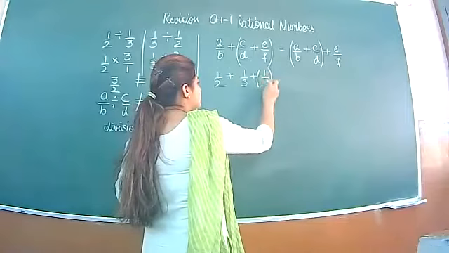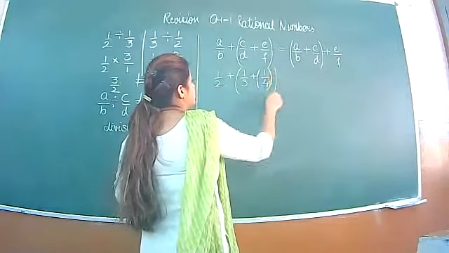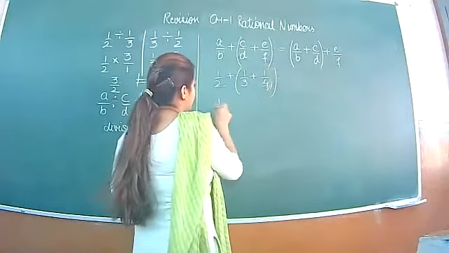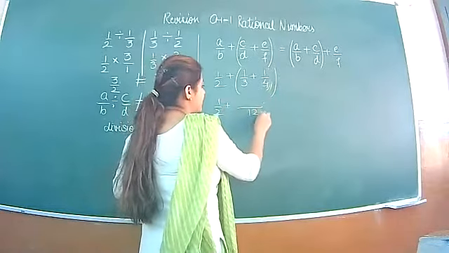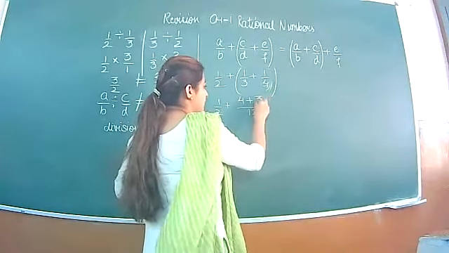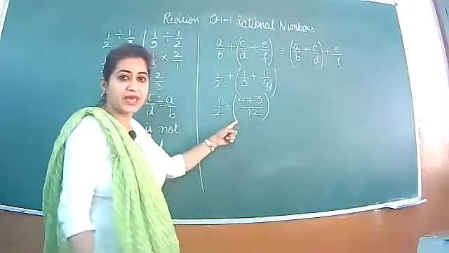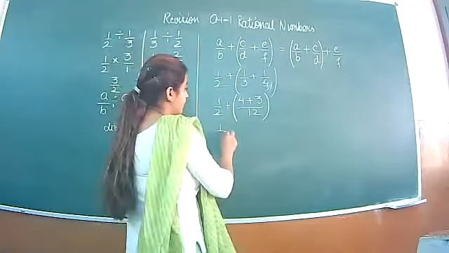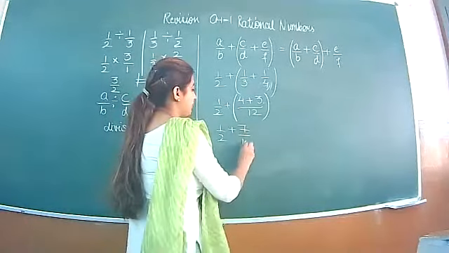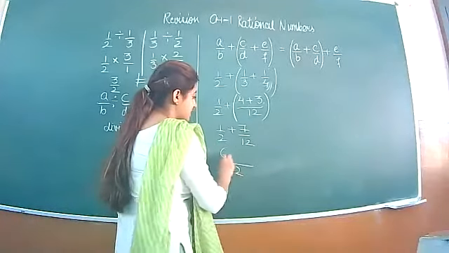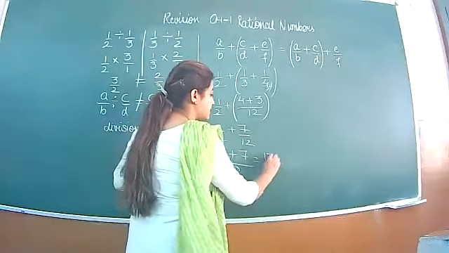It's your choice. So take positive. 1 by 2, 12 LCM, 4 plus 3. Is it okay? I have taken LCM. 1 by 2 plus 7 by 12. Take LCM. 6 plus 7, that is 13 by 12.